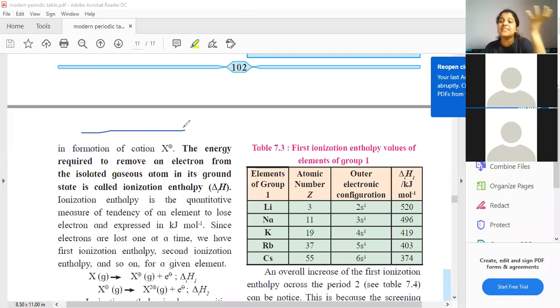Isolated means it should be separate, single on its own. This is the condition. Then only you can find the ionization enthalpy value. In this isolated gaseous atom, you will remove the electron and see how much energy is required. That is your delta Hi value.